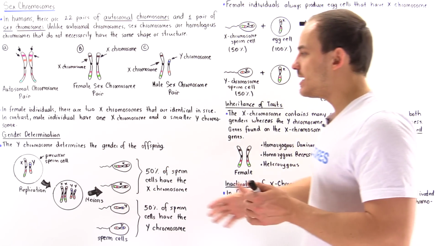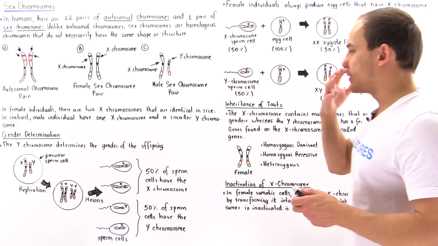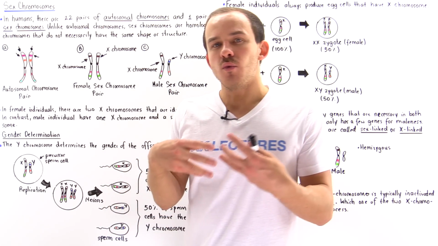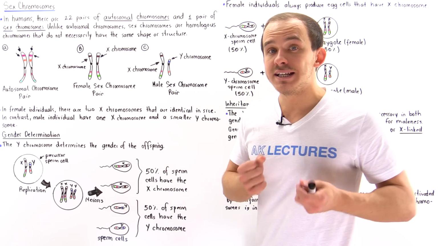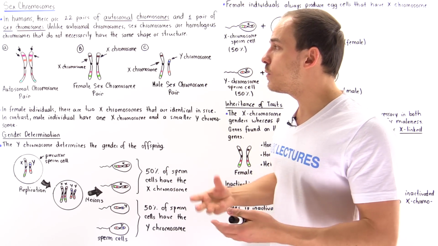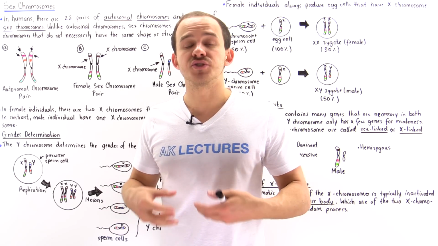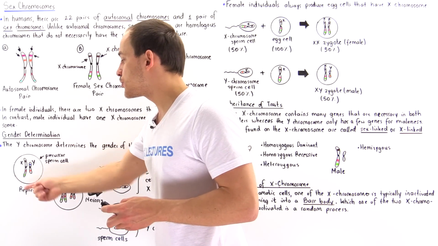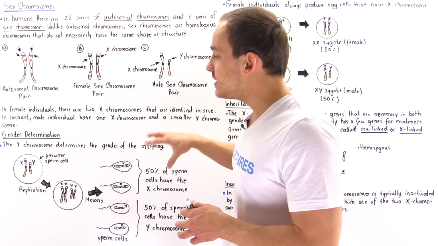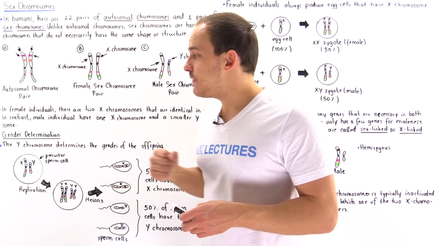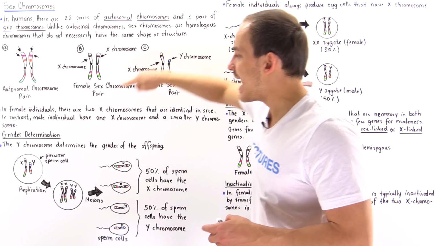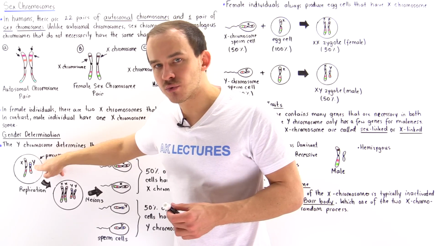To see what we mean, let's take a look at the following diagram. Let's suppose we begin inside the male individual, and the male individual begins to produce sex cells, the gametes, known as sperm cells. This is the precursor sperm cell, and because we're dealing with a male individual, the sex chromosome pair will consist of an X chromosome and a Y chromosome.